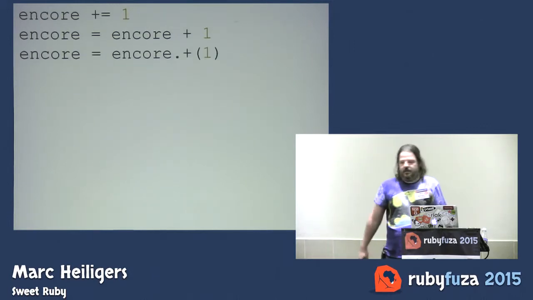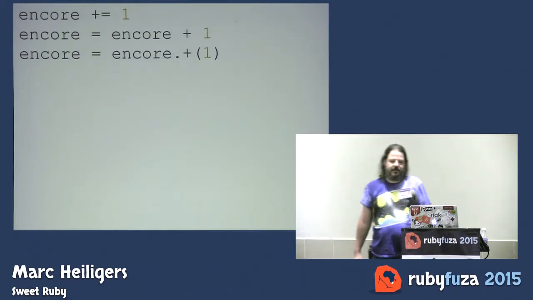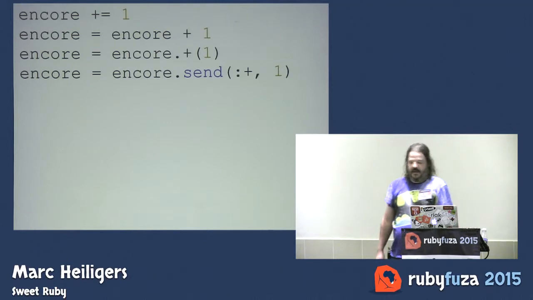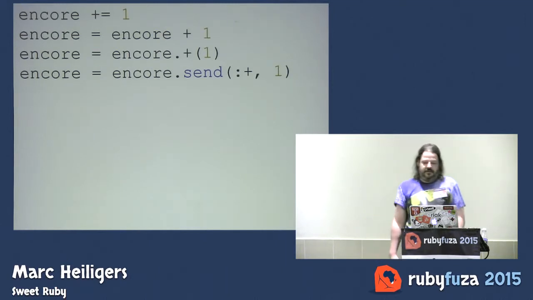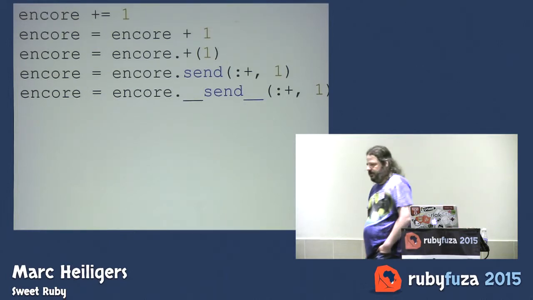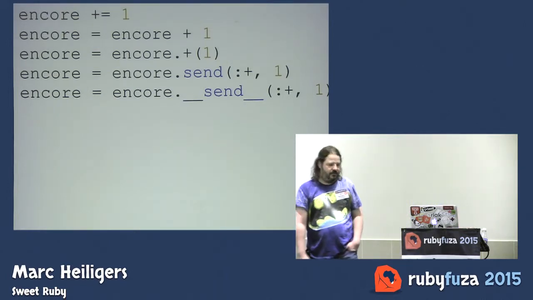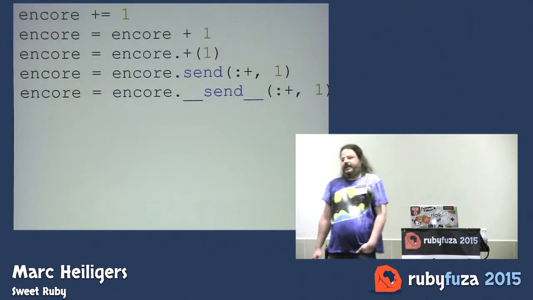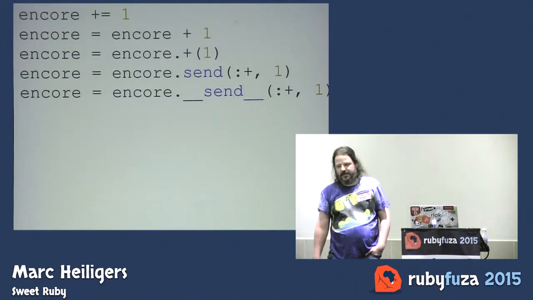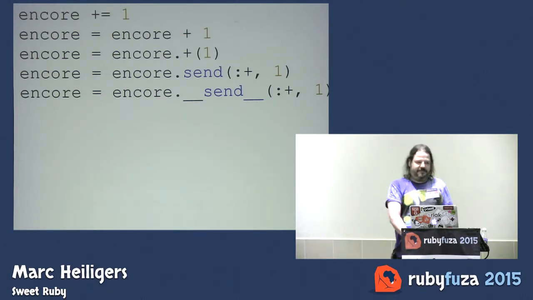And actually, that is sending the plus message to encore with a value of 1, which is actually this. And if you're a library author, you probably want to use underscore underscore send underscore underscore, because send is quite a common word and sometimes overwritten by bad people.